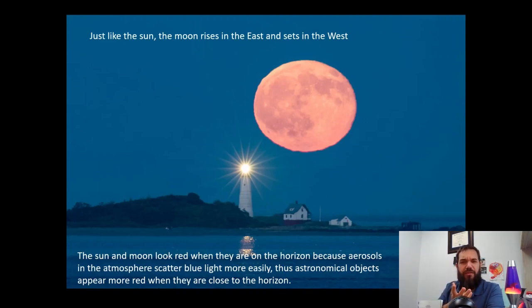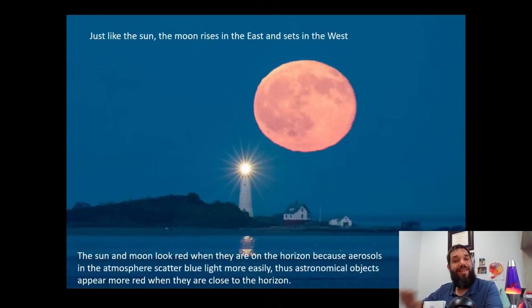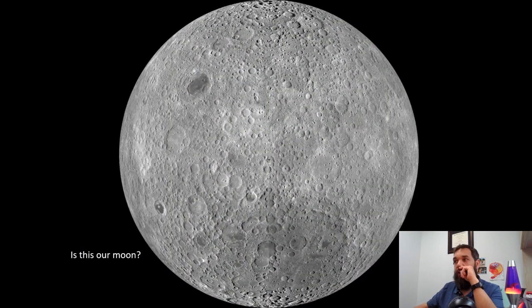So a lot of objects, like the sun, of course, at sunsets, appear this kind of reddish, yellowish, orangish hue when they're close to the horizon like this. Sometimes, though, you can have lunar eclipses, and that can change the color of the moon as well. It can make it appear blood red for a little while as the Earth casts its shadow on the moon.